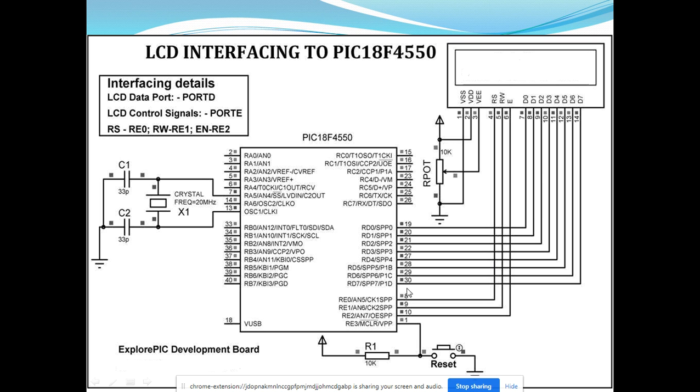The enable pin of the LCD is connected to RE2. So these are the control pins which will control the LCD operation. And through RD0 to RD7 we will send commands and messages that we want to display on the LCD, through these data pins.